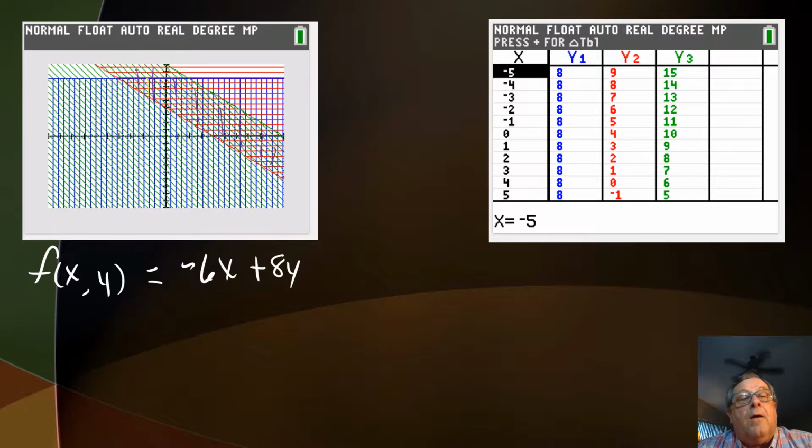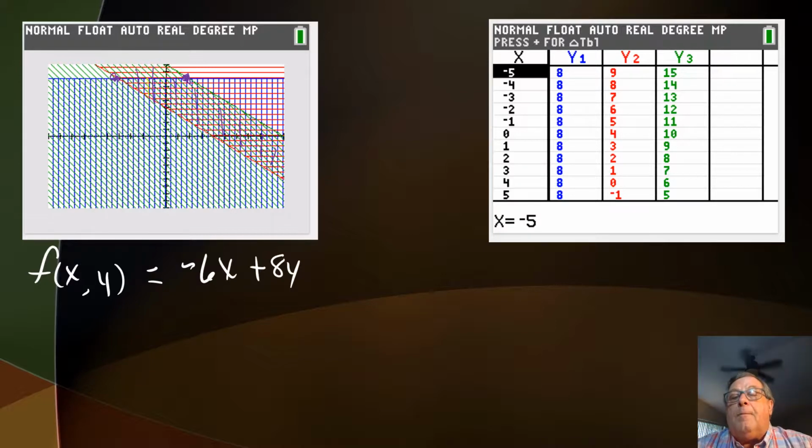Now, up here I've got a vertex, and here I've got a vertex right there. Looks like negative 4: when x is negative 4, y is 8. And when x is 2, y is also 8.